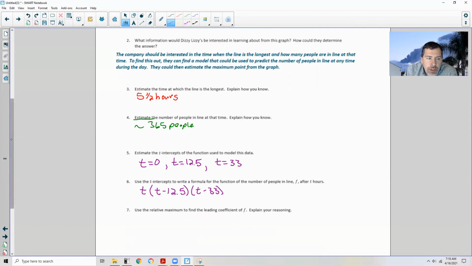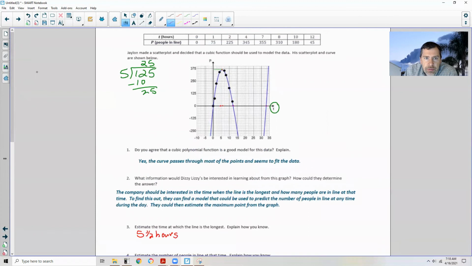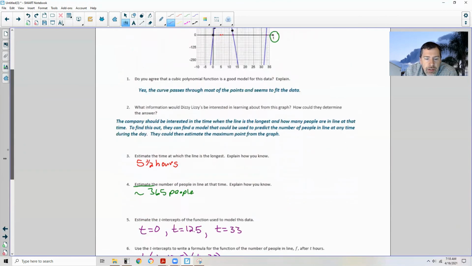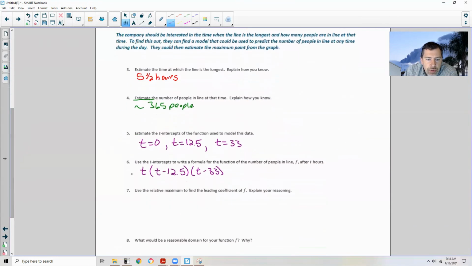So what are we trying to find? A function with respect to t. So let's just call it f of t. So f of t equals t times t minus 12.5 times t minus 33. Okay, where c is a constant that has not yet been determined. So there it is. That's number 6.